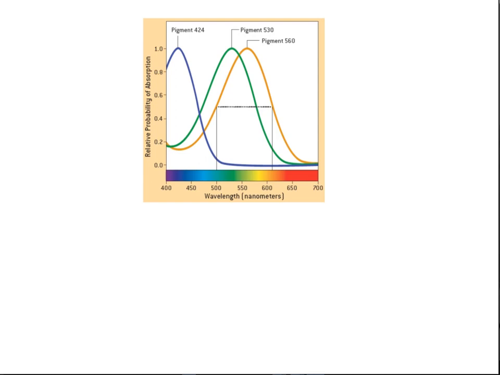Now the rods are not working and our cones are working, and the cones have these curves of response to the frequency or the wavelengths, if you want. So you don't have something going monotonically, in the sense that the higher the wavelength, the higher is the response of these cones.